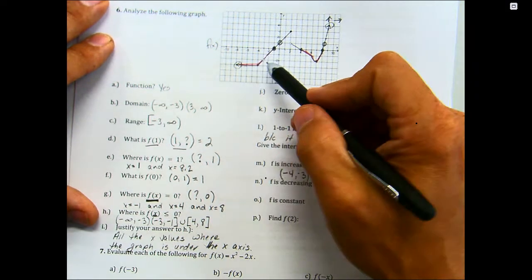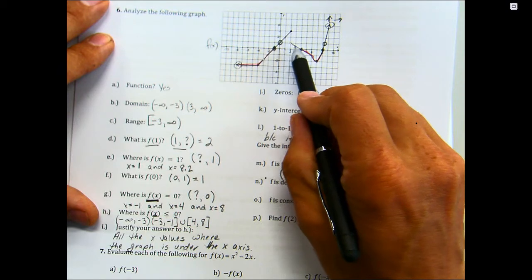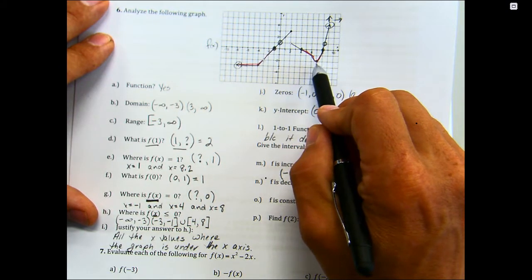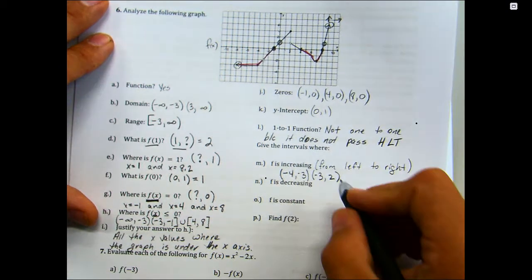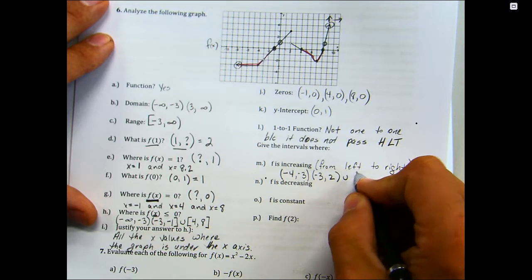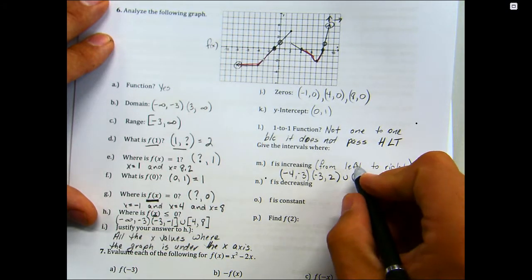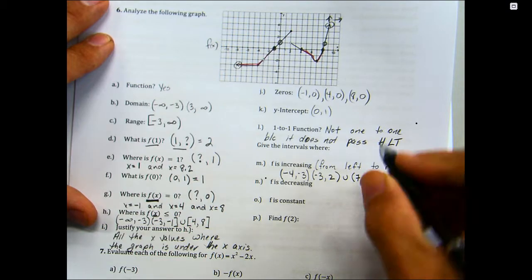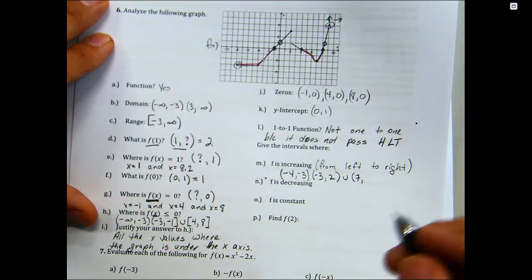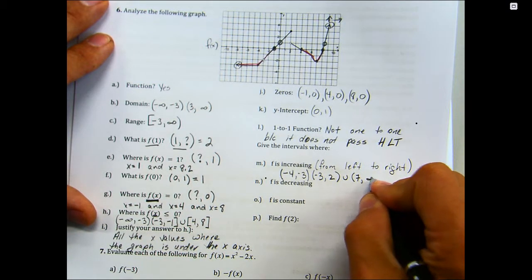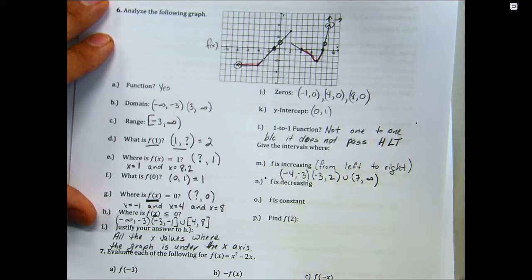Okay, so that's the first interval there, but it looks like then it starts to go down, and right here at x is equal to 7, so I leave a union there, and at x is equal to 7, I'm going to start to increase, and it looks like it's going to increase all the way up to infinity there. Okay, so where's the graph decreasing?